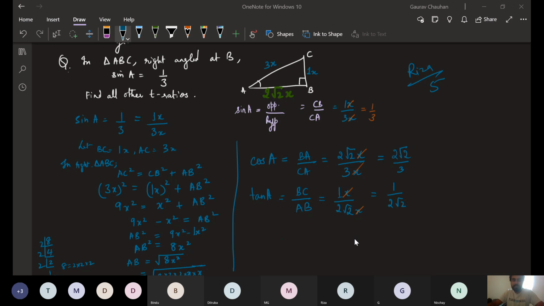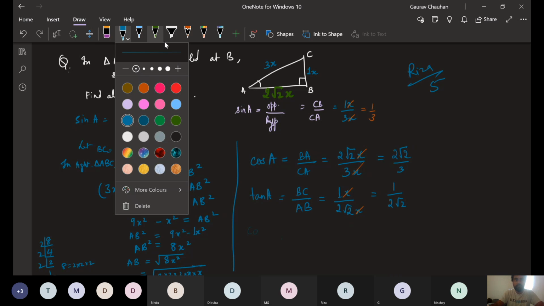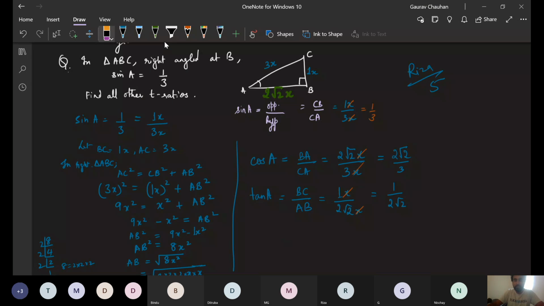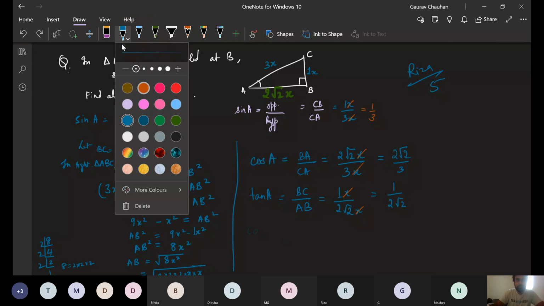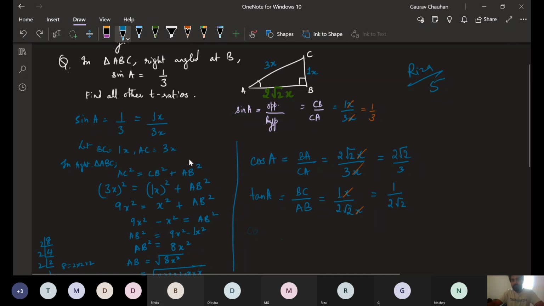Maybe Manasa, if you can give me cosecant A, cosec A. I'll give you one hint. You don't need to really see its formula. There's a way of doing it quickly, no?